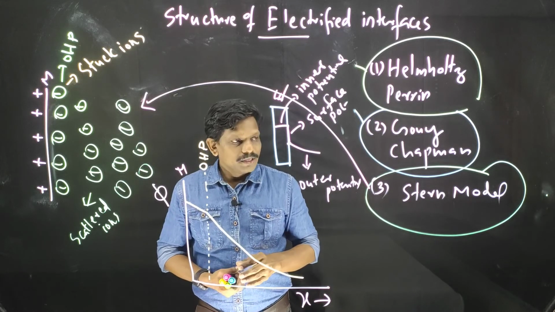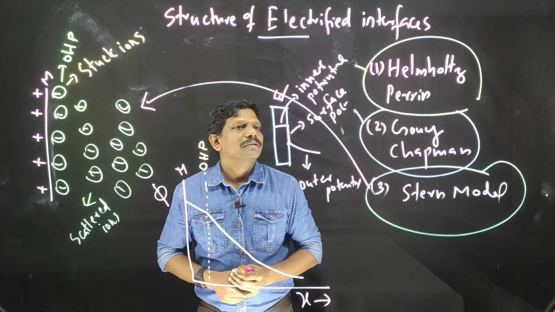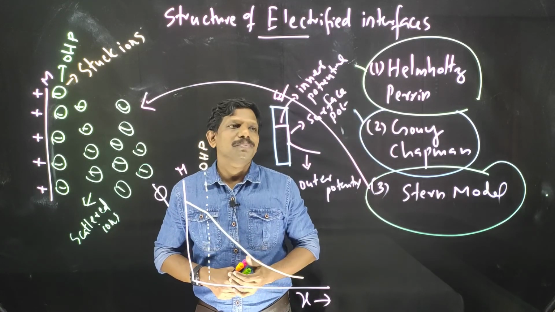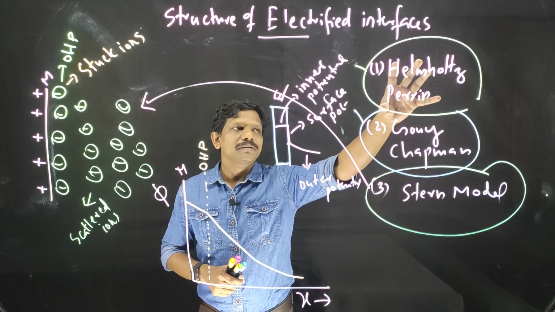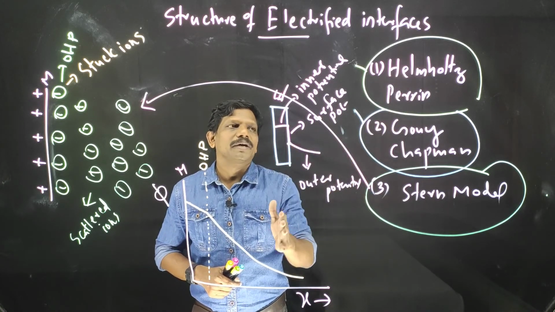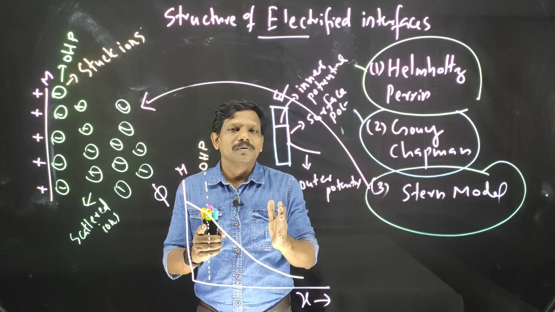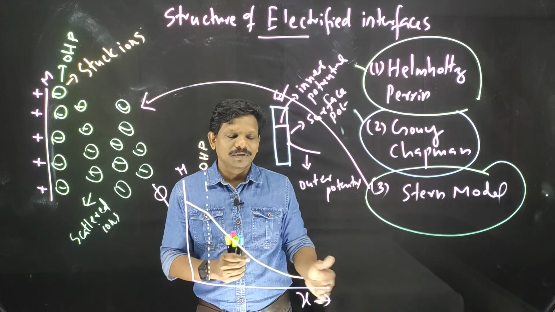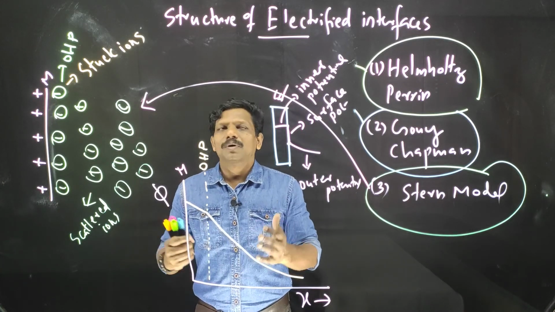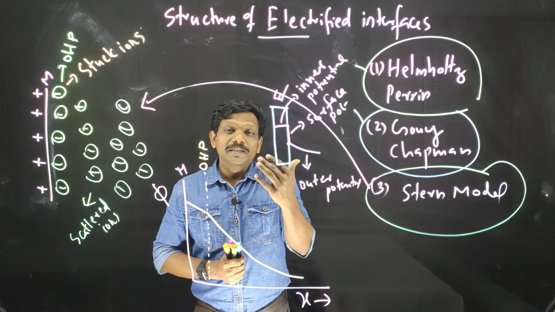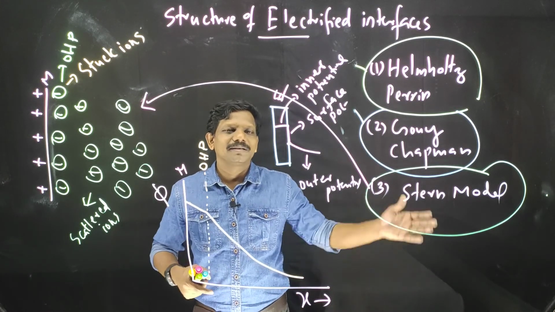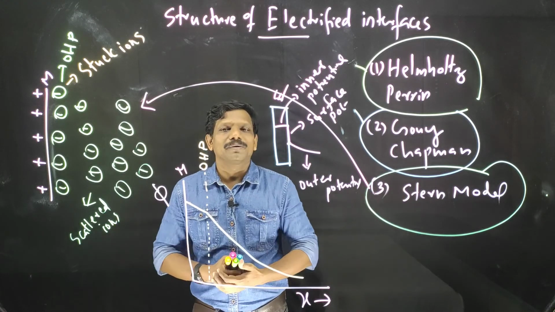Okay, so actually these three models are somewhat complicated, but I explained them in a very simple way. The Helmholtz-Perrin model is a very rigid model that explains a well-defined OHP layer, and after that there are also linear variations. So it is a very rigid model, just like a capacitor model. The Gouy Chapman model made it completely free. He has not completely ruled out the OHP, but still he completely freed the ions.